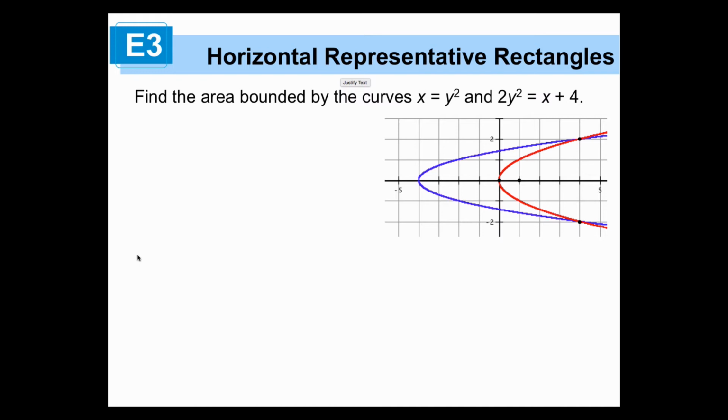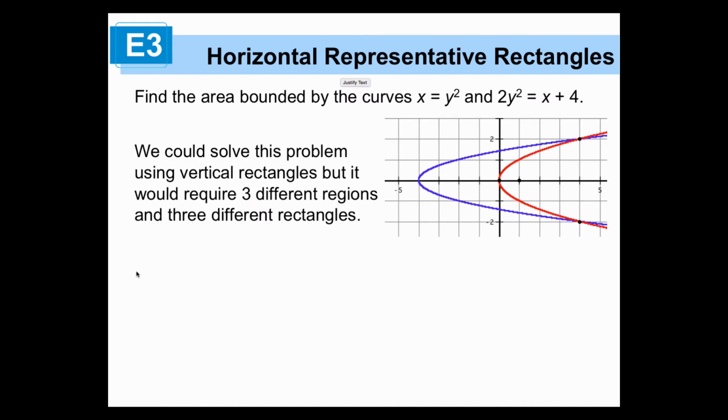The big issue is, however, if I use vertical rectangles like I did in the other one, I have 3 different regions to work with. I got to find the area of this guy going from top to bottom, and notice it's its own top and bottom, which is kind of weird. This one we can do top and bottom, this one bottom and top. It switches, it gets way too complicated.